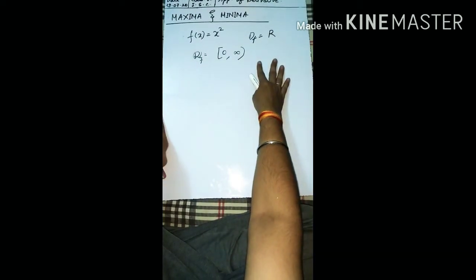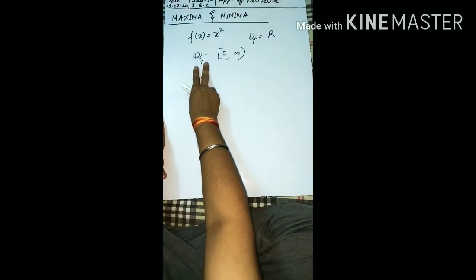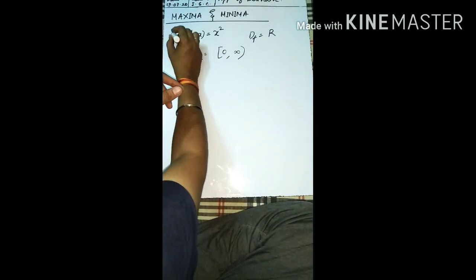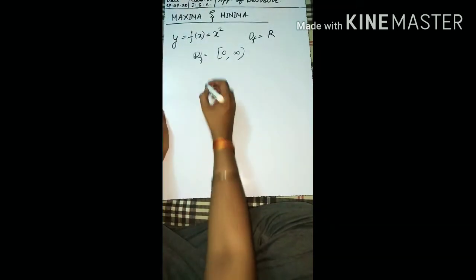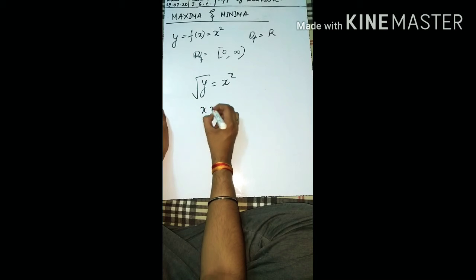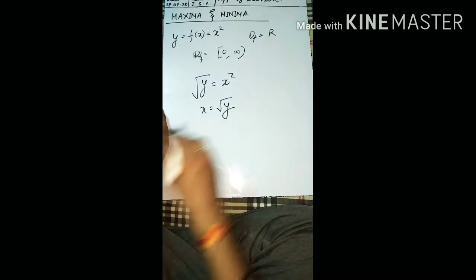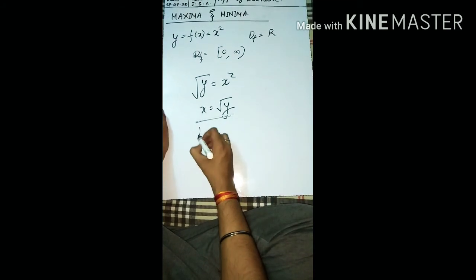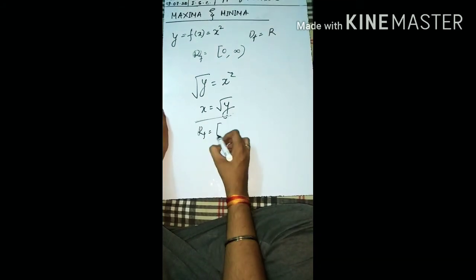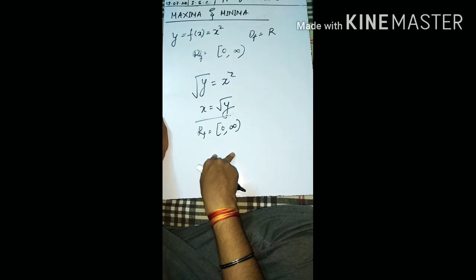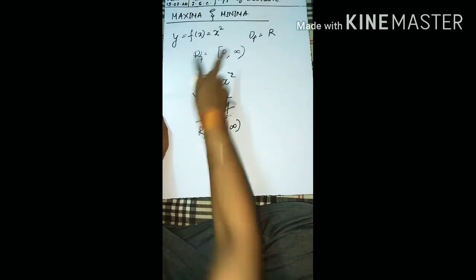But the range, how to find the range? If you consider y is equal to x square, then you will get x is equal to root y. Now if I ask you what will be the range, then you will say the range will be from 0 to positive infinity. Negative should not be there, because if we put negative then it will be imaginary. So that is how we found the range.